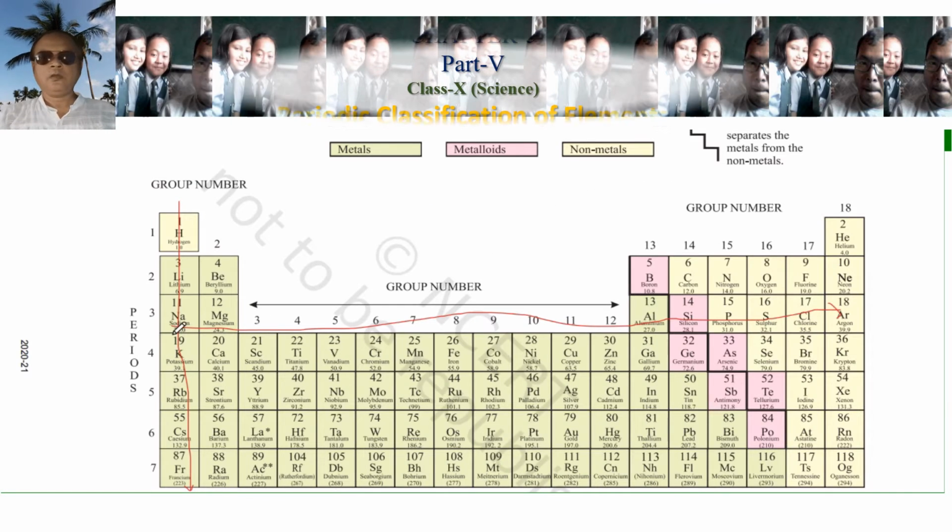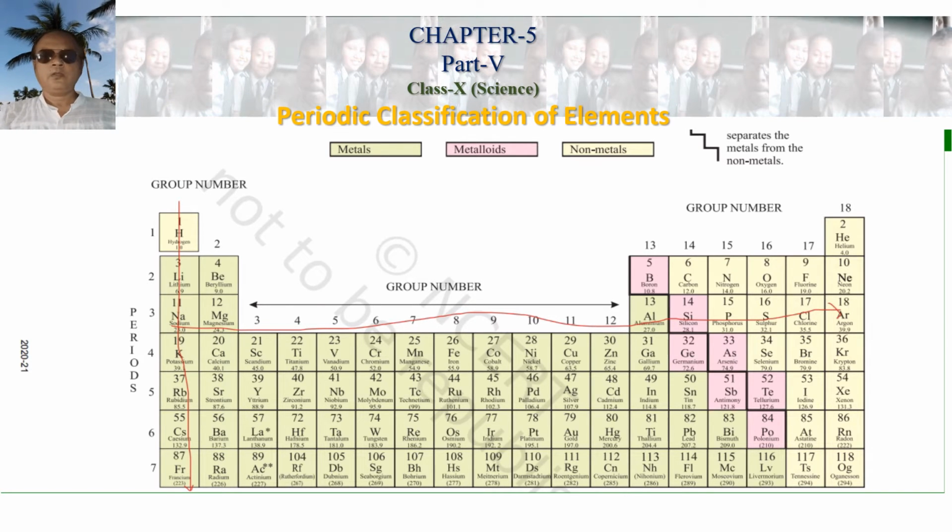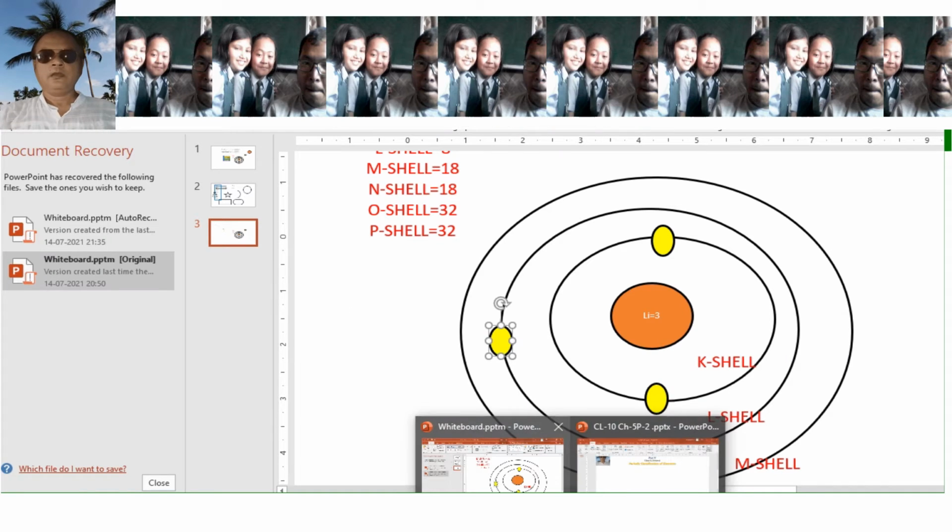Now let us go to sodium. Sodium's atomic number is 11.